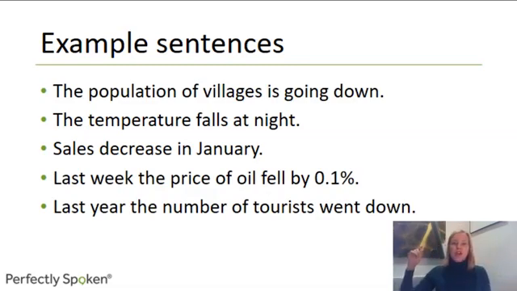Okay, the temperature falls at night. Sales decrease in January. Last week, the price of oil fell by 0.1%. Last year, the number of tourists went down. Okay?